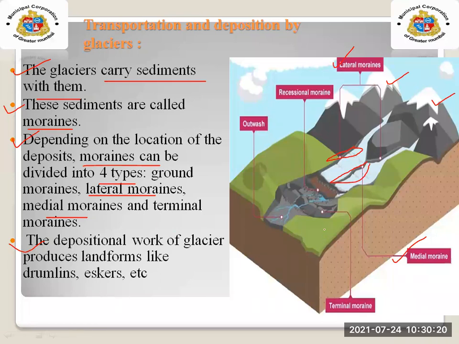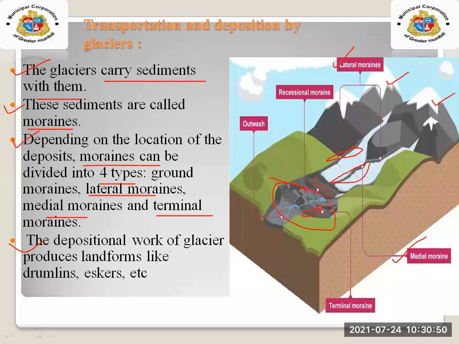When the glaciers slowly, according to the layers, get deposited and the water moves on, that part, this part here, is known as the terminal moraines.